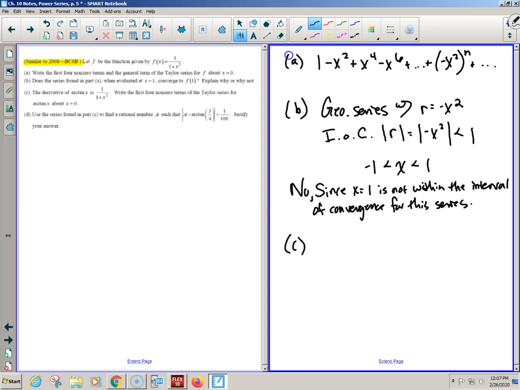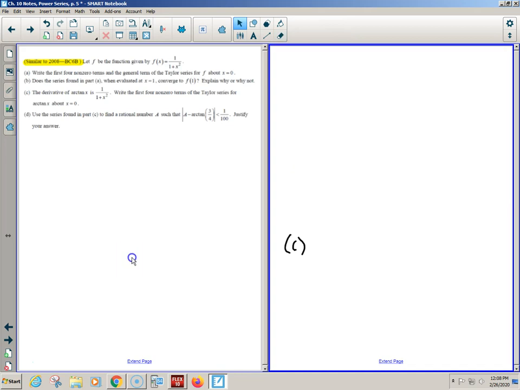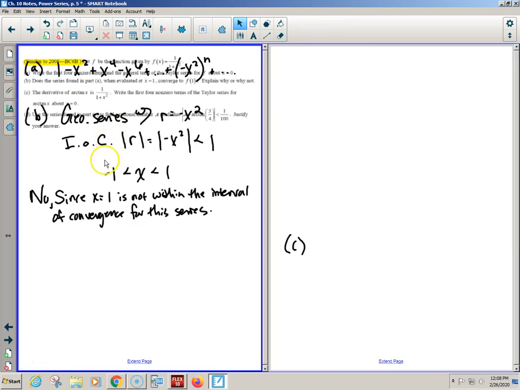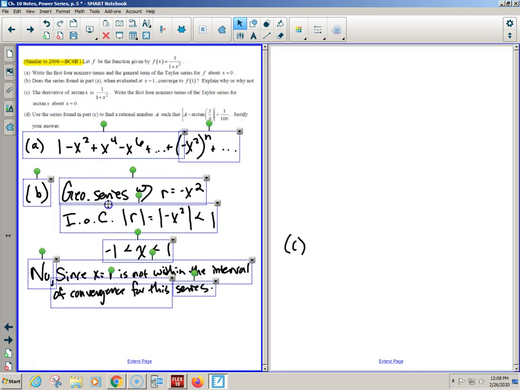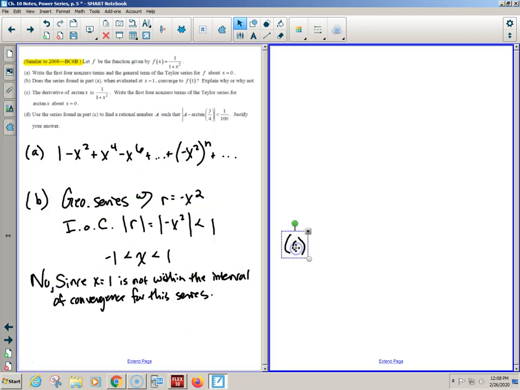Okay, part C. Now what? The derivative? Oh, wait a minute. They actually gave me all the information I need because they said the derivative of who or what? Arctan. The derivative of arctan is 1 over 1 plus x squared, the original guy that we started with, right?